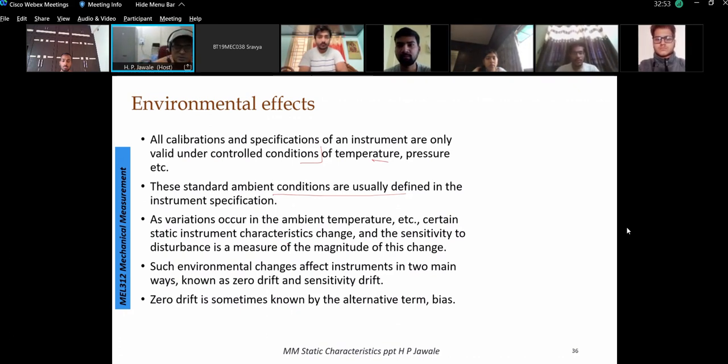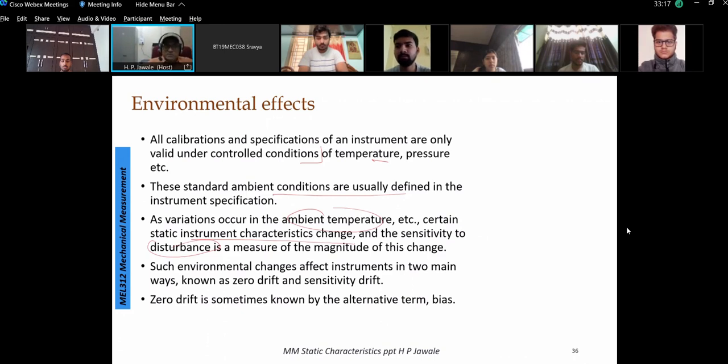As the variation occurs in this ambient temperature, pressure, etc., certain static instrument characteristics are going to change. It is bound to happen. And thus the sensitivity of the instrument or the measurement device or functional blocks is going to change. It is going to create disturbance in the magnitude of the output shown by the instrument.